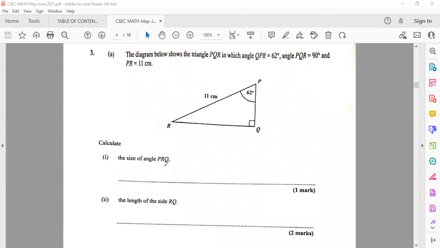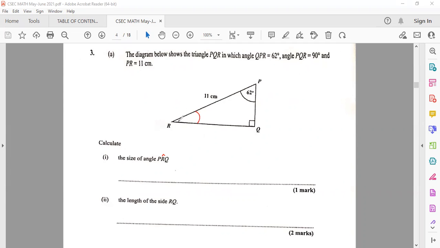We want the size of angle PRQ. From P to R to Q, so we want this angle here. We know that in a triangle, all the angles add up to 180.